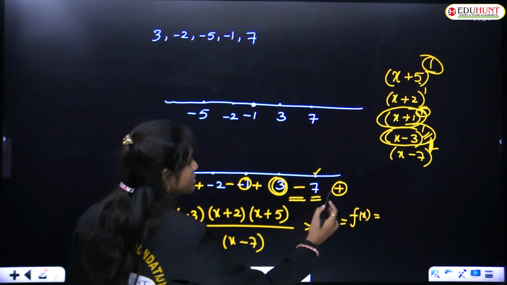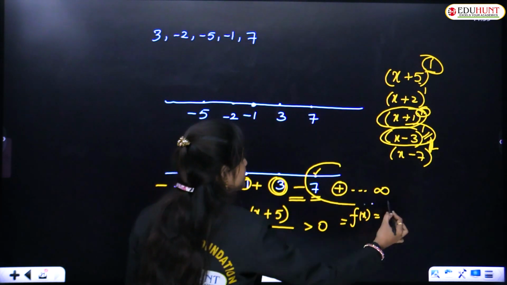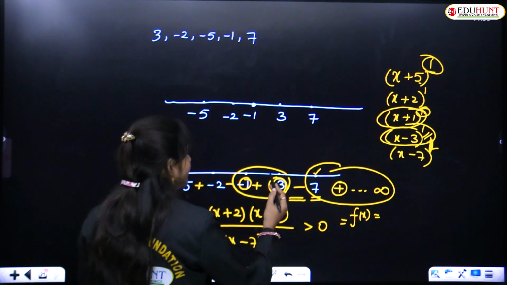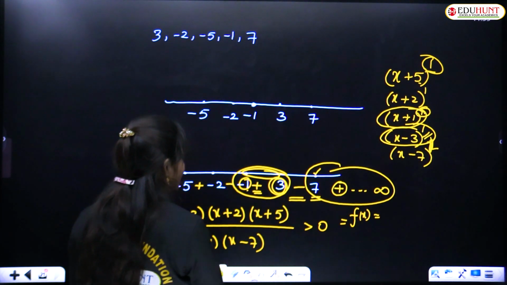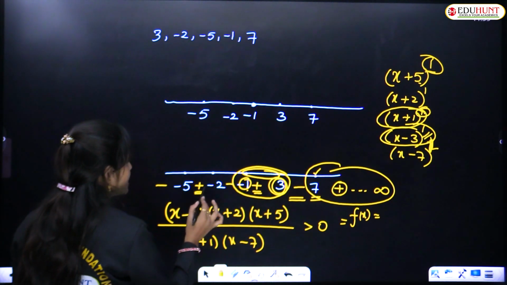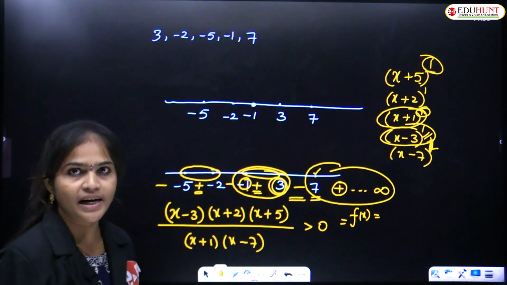So positive values. After 7, up to infinity only, no? Here this is one of the positive values. Next, where do we have another positive? In between minus 1 and 3 we have positive sign. So this is one of the intervals. Next, here negative sign is there, no need to check that. Here positive sign is there, in between minus 5 and minus 2.